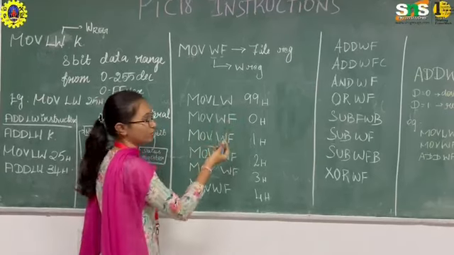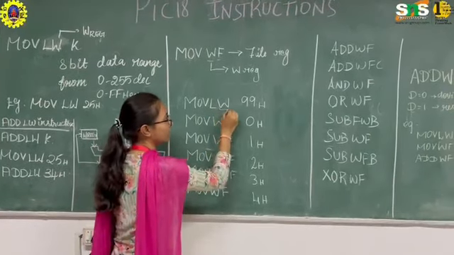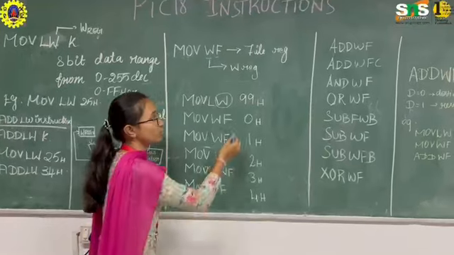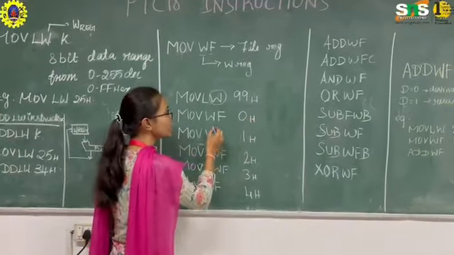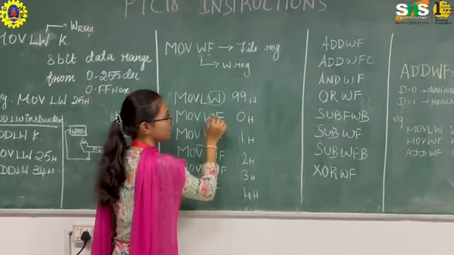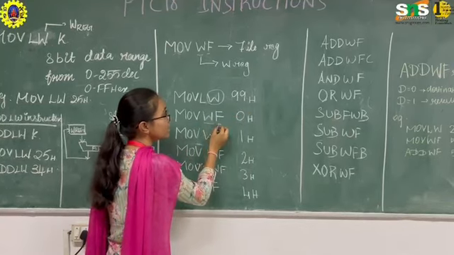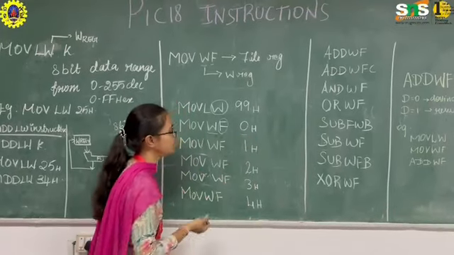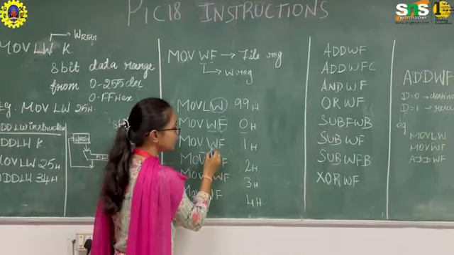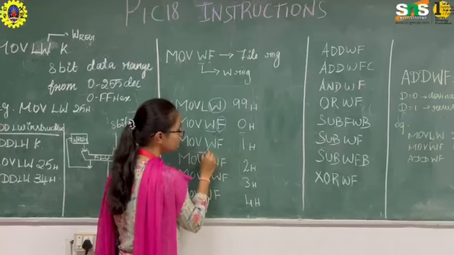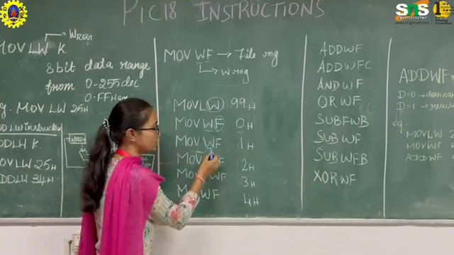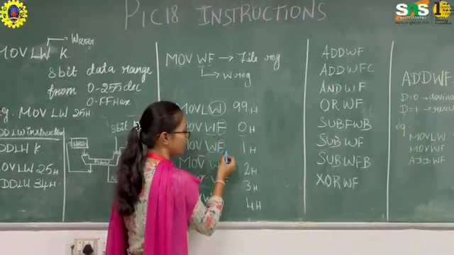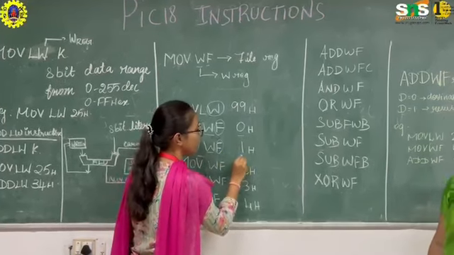We can form the program. The W work register is loaded with 99H. Here the W register value 99H is copied and stored in file location 0H. After this, the work register still holds 99 and the file register location 1H is stored.